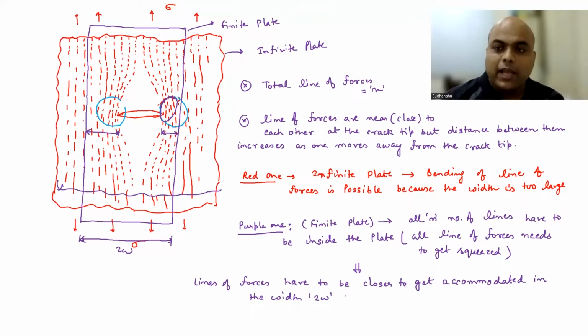So the lines of force first need to get squeezed in the plate of width 2w. That means the lines of force will be much closer as compared to the infinite plate.